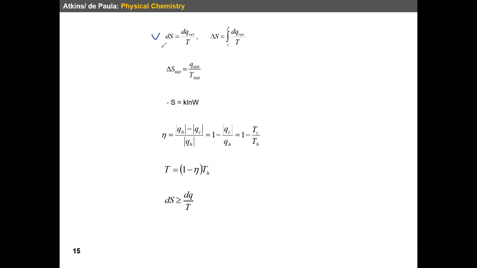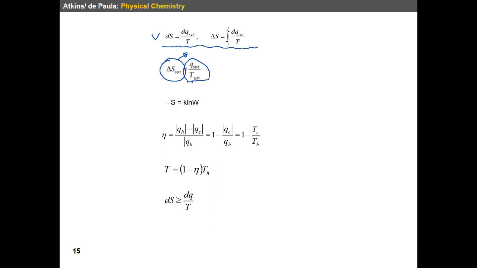You can simply define entropy like this. And we can also calculate the entropy change for the surroundings, in the same way as the entropy change of the system.